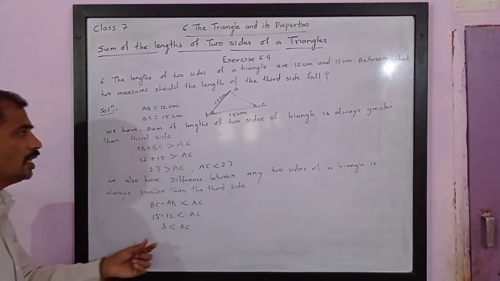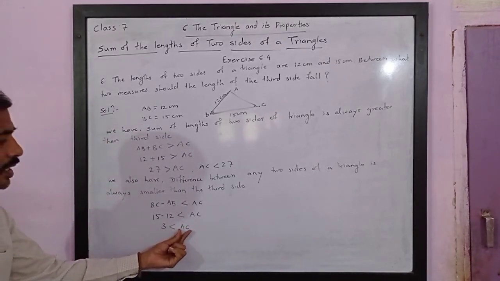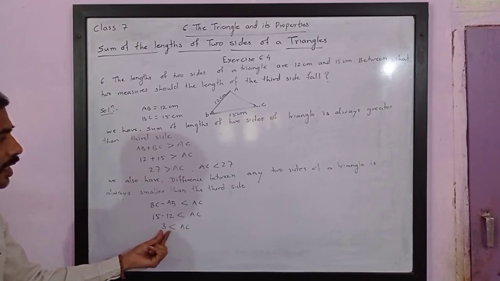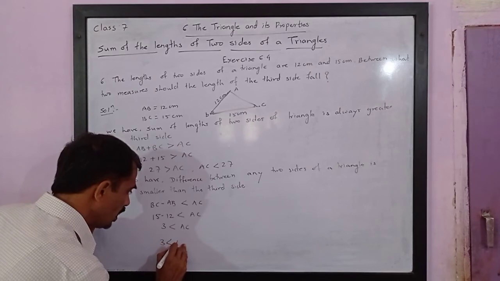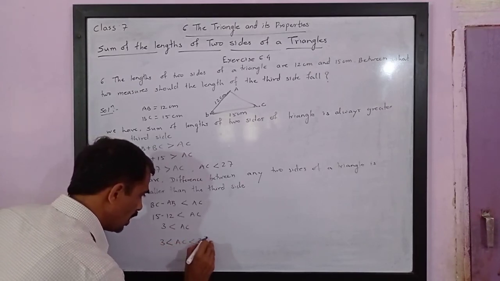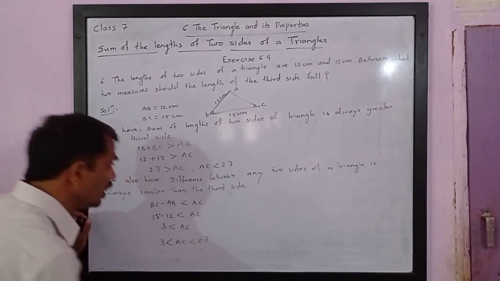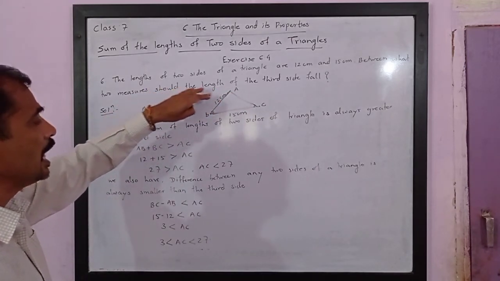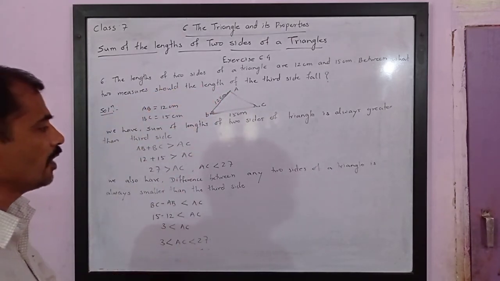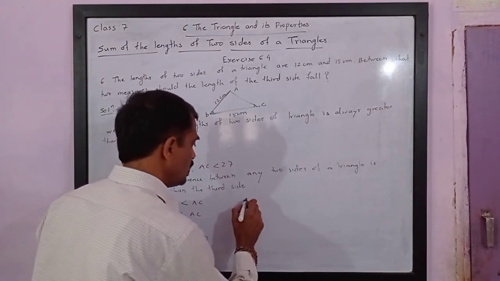Thus, you can see this AC is greater than 3 but smaller than 27. So 3 is smaller than AC is smaller than 27. Thus, the third side should have a length between 3 centimeters and 27 centimeters.